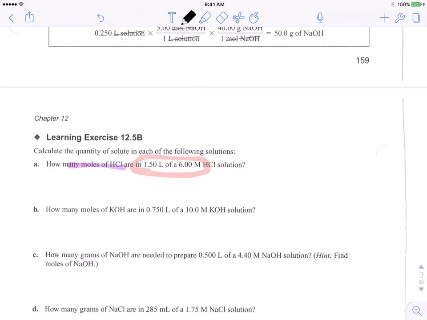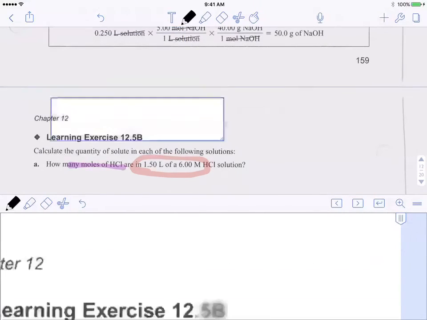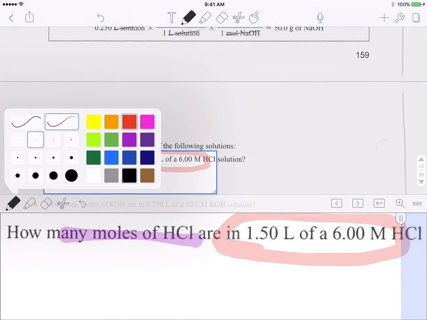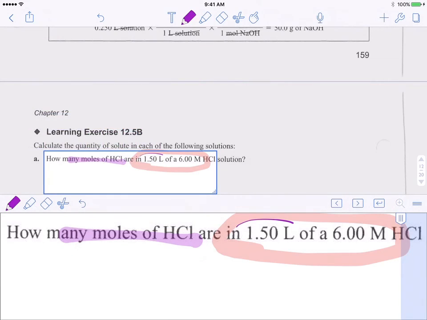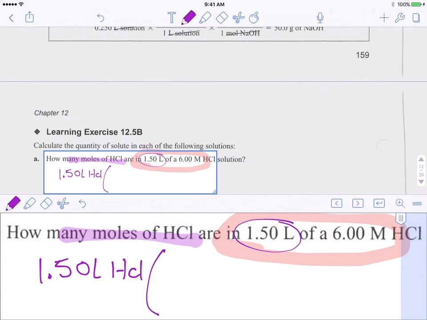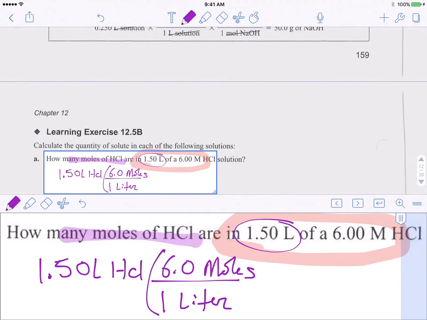So with that knowledge, I'm going to start with 1.50 liters of HCl times 6.0, and I write it as I say it, moles per 1 liter. This helps me not get confused.